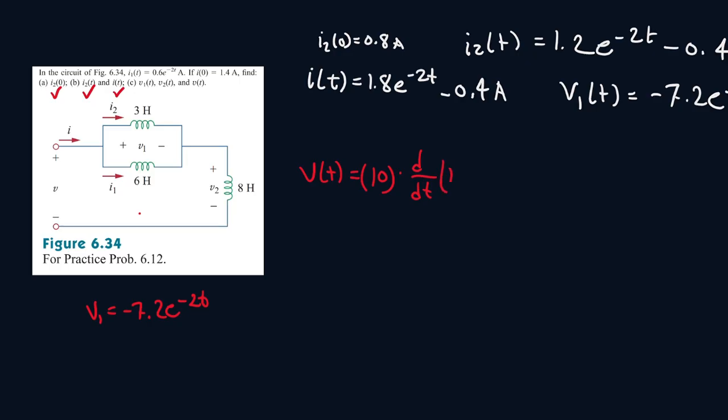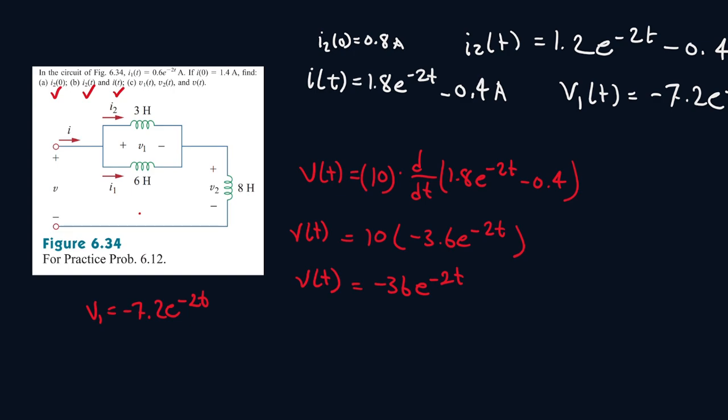So it'll be 10 times the derivative of 1.8 e minus 2t minus 0.4. And that gives me minus 3.6 e minus 2t times 10, and that's just minus 36 e minus 2t. Alright, so that's that one done.